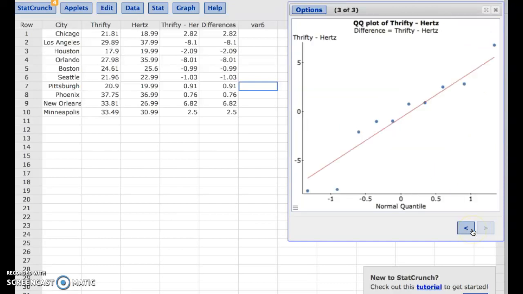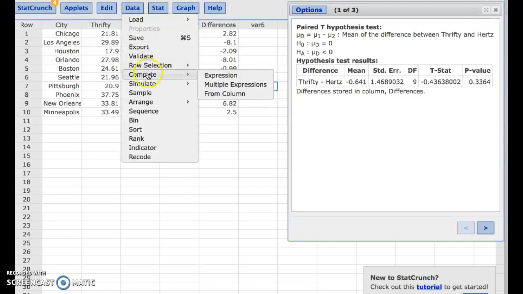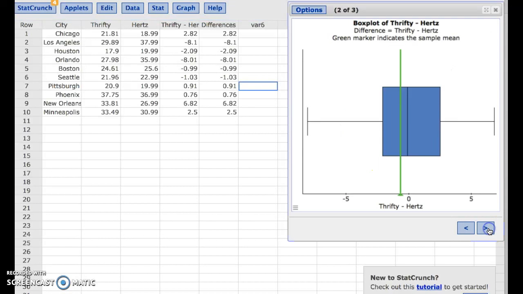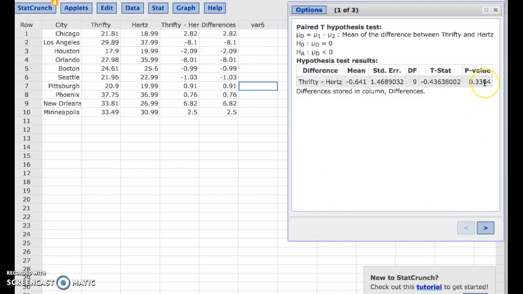And in the case of our previous example, we might have forgotten to check and we might not have noticed that we had an outlier. So again, two options here. You can manually create those differences asking StatCrunch to do that using the data compute command, and then create your QQ plot and your box plot separately, or you can ask it to do it all in one. Just make sure that you check to make sure things look good before you interpret that p-value.